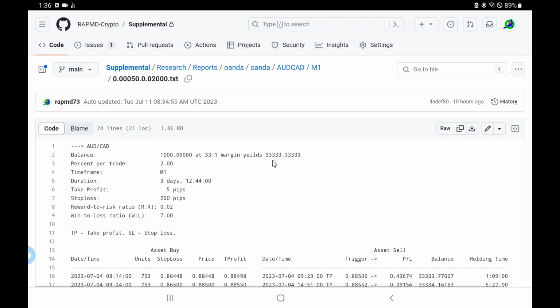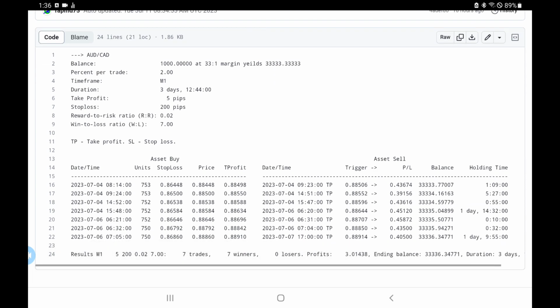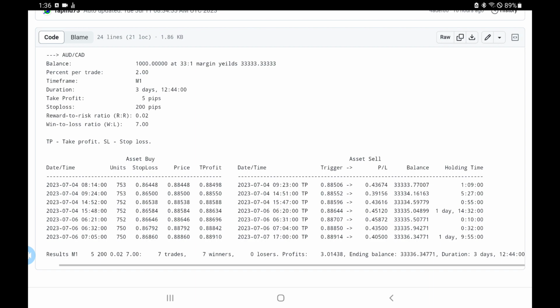And that will show up in my actual purchases. And as we can see here, every trade was a profit, and I took $3. So I have a duration of 3 days. So for 3 days, I made $3 of profits.